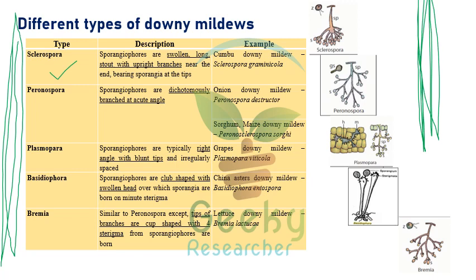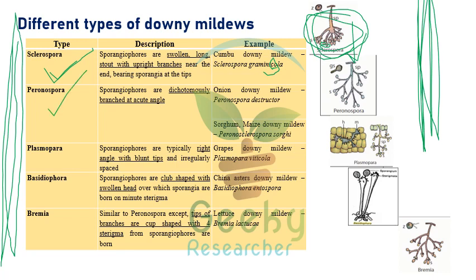I will tell you what the probability is and how they can ask a question. So, Sclerospora. If we clearly observe this sporangiophore, we can see swollen, long, stout with upright branches. So the fungi like bajra downy mildew, that is Sclerospora graminicola, can produce this type of sporangiophore.